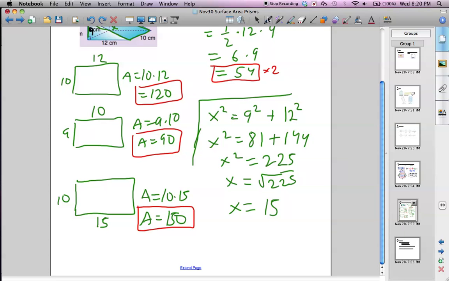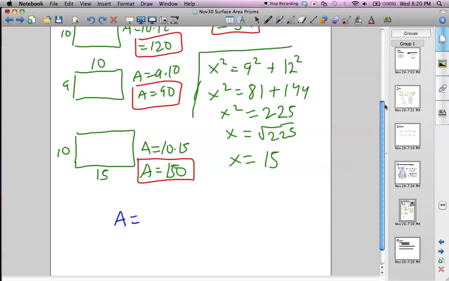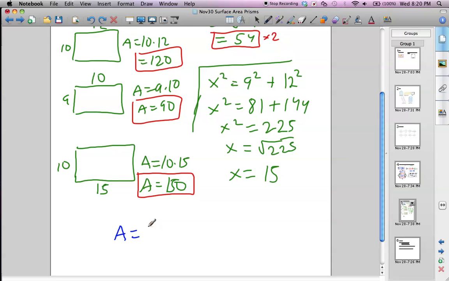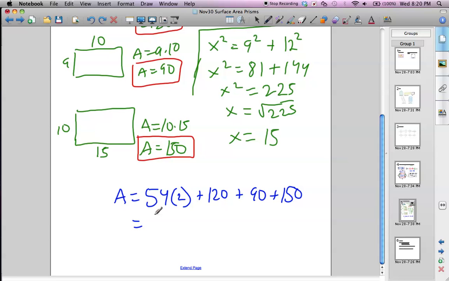We need to add all these areas together to get the surface area. We do that down here in blue. So the area equals the triangles, 54 times 2 because there's 2 of them, plus 120, plus 90, plus 150. 2 times 54 is 108, plus 120 plus 90 is 210, plus 150 is 360.